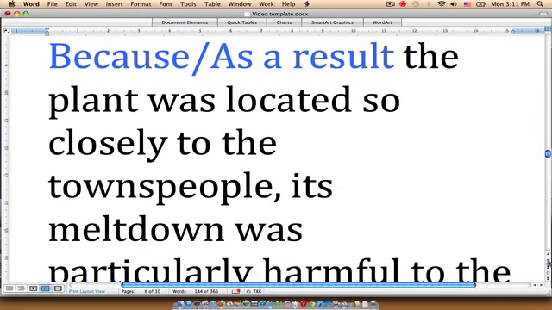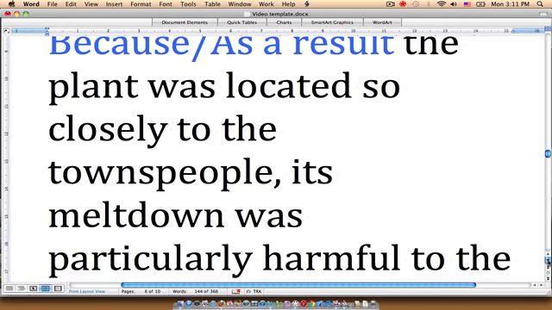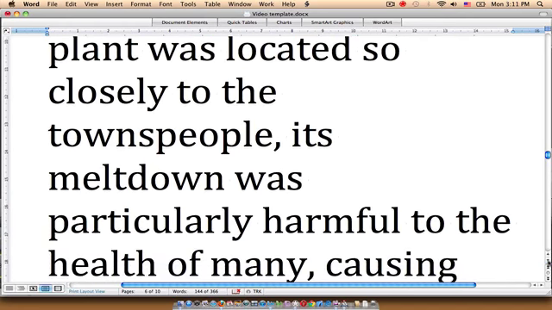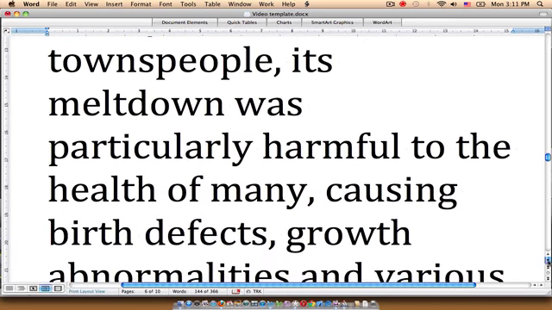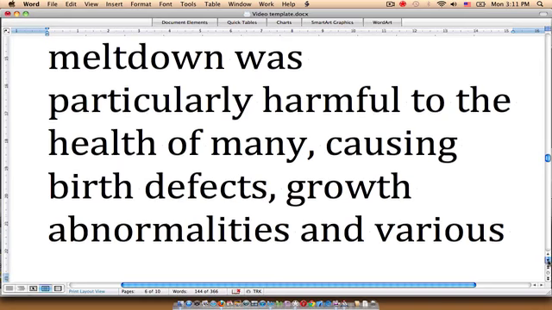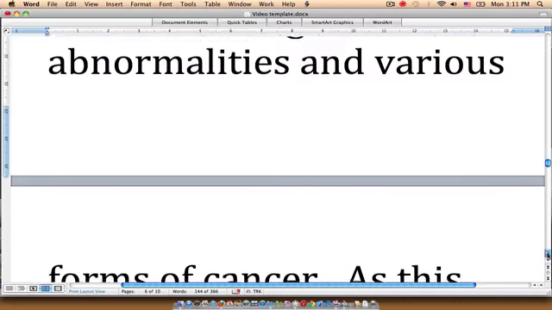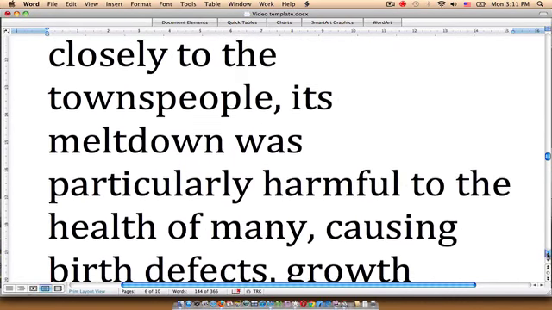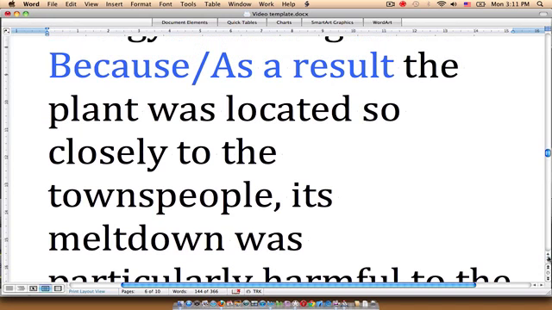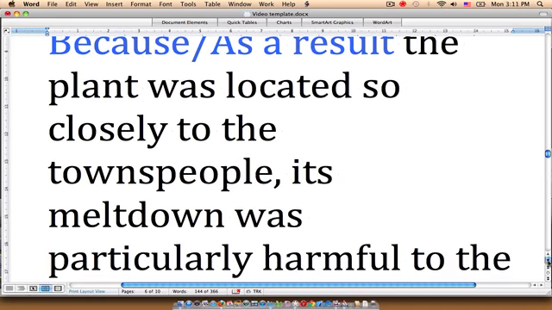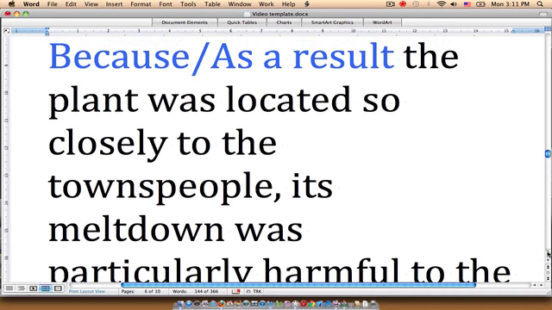Because the plant was located so closely to the townspeople, its meltdown was particularly harmful to the health of many, causing birth defects, growth abnormalities, and various forms of cancer. Or we could say this: "As a result, the plant was located so closely to the townspeople, its meltdown was particularly harmful to the," and then it just goes on. So here the correct answer would be "because."